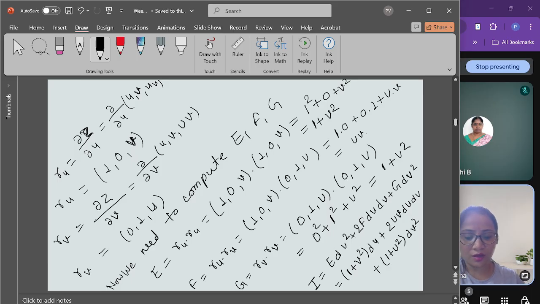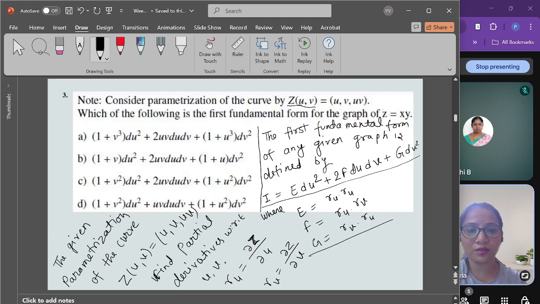Now if you match with the answers, option C is matching: 1 plus v square du square plus 2uv du dv plus 1 plus u square dv square. So option C is the correct answer for this question.